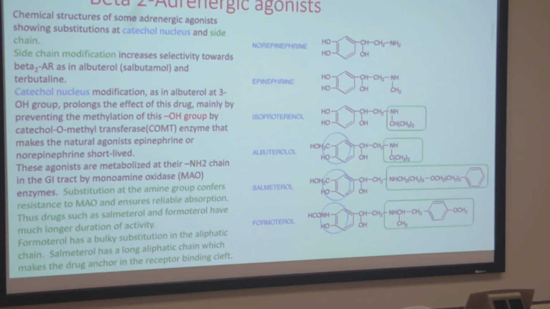It is epinephrine, because its primary amine is converted to a secondary amine and is hard to metabolize. Our enzymes in the system will not be able to deaminate it. That's how epinephrine becomes more potent than norepinephrine.